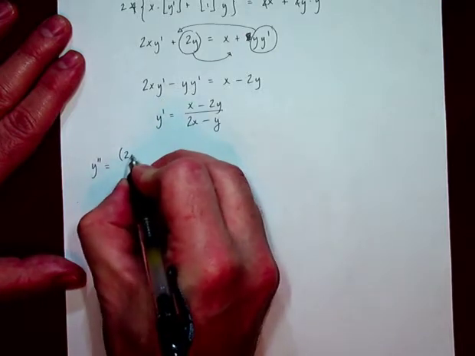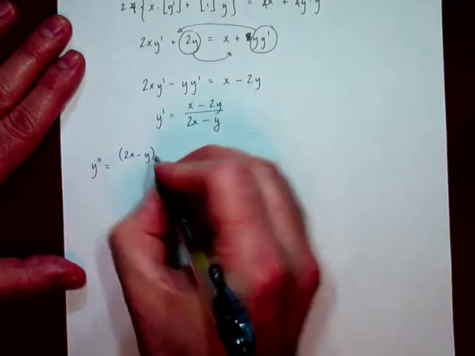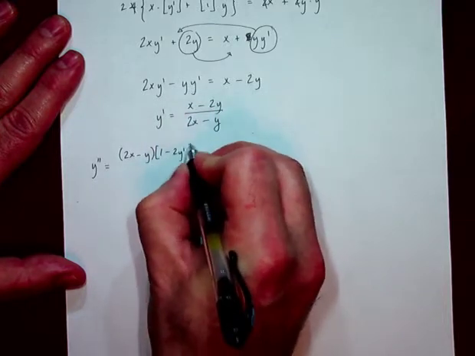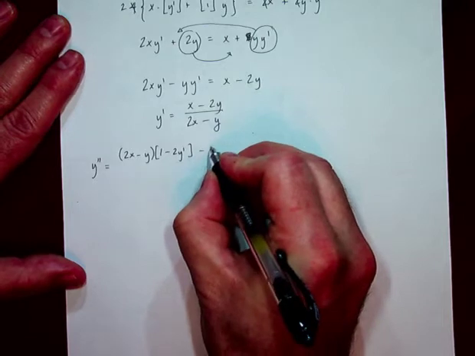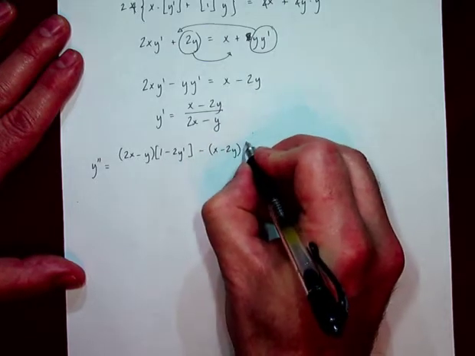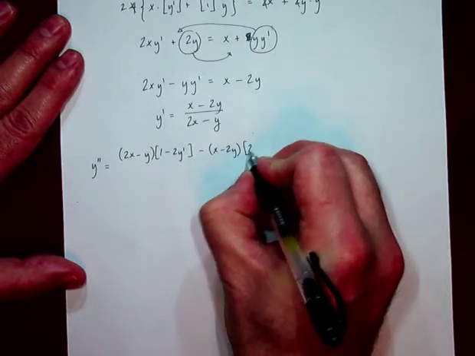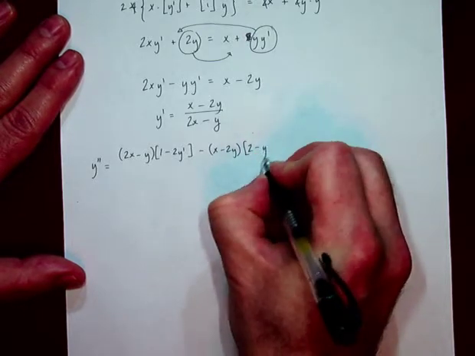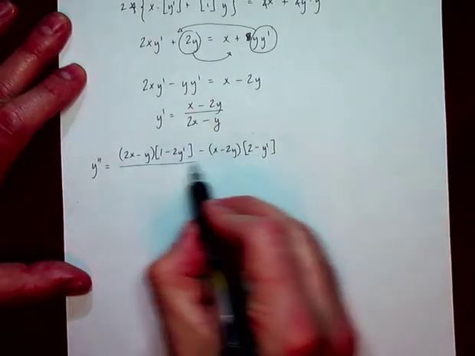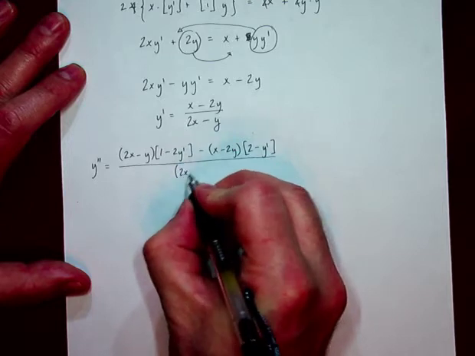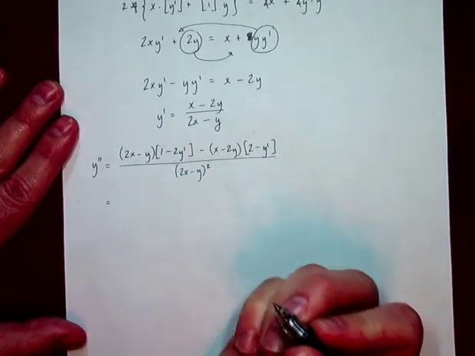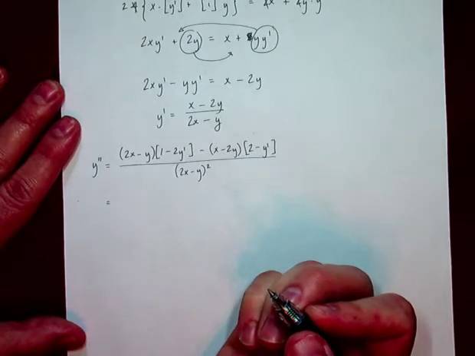I need the denominator times the derivative of the numerator, so that's 1 minus 2y prime, and then minus the numerator, x minus 2y, times the derivative of the denominator, and that's 2 minus y prime. And then, of course, that's all over (2x minus y) squared.